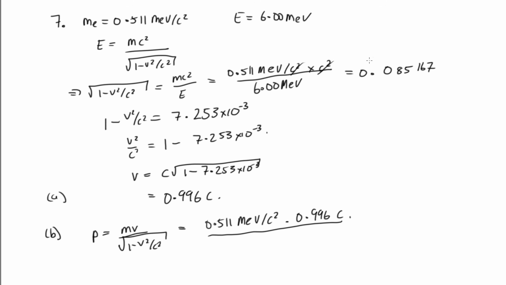And this thing is unitless, it's this number up here, we calculated it here, 0.085167. Okay, so you can see one of these c's will cancel one of these. So the units is going to end up as mega electron volts on c. And putting everything into the calculator, I end up with 5.98 mega electron volts on c.